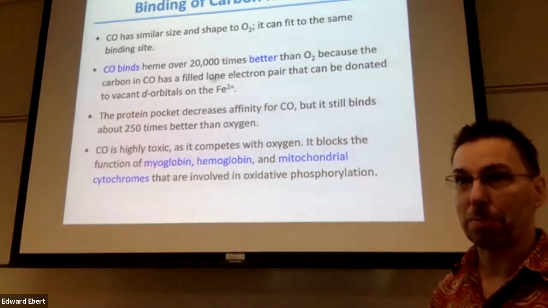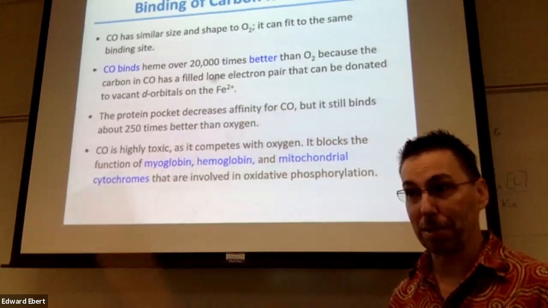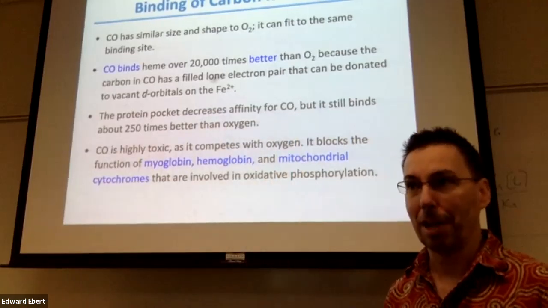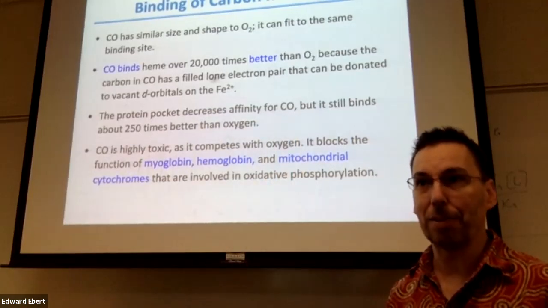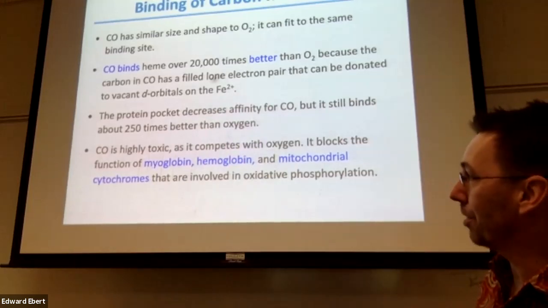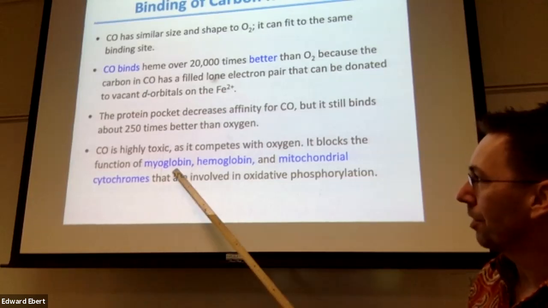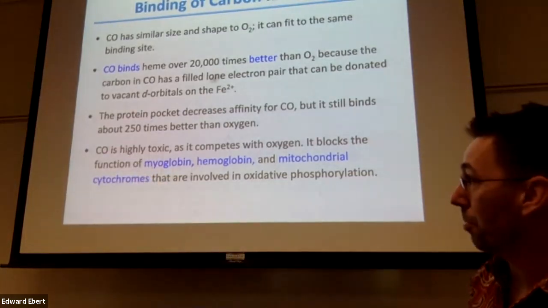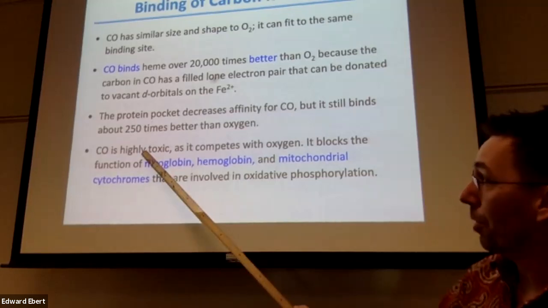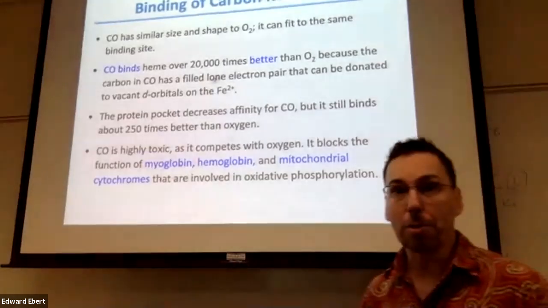But if you're in an enclosed space, you see this after a lot of storms where people lose power and they have a generator, maybe run it inside the house, and they get a buildup of carbon monoxide and die. That happens after pretty much every loss of power. So that's why you have to be careful, because when carbon monoxide binds, it binds much more strongly than oxygen, so it's going to outcompete it.